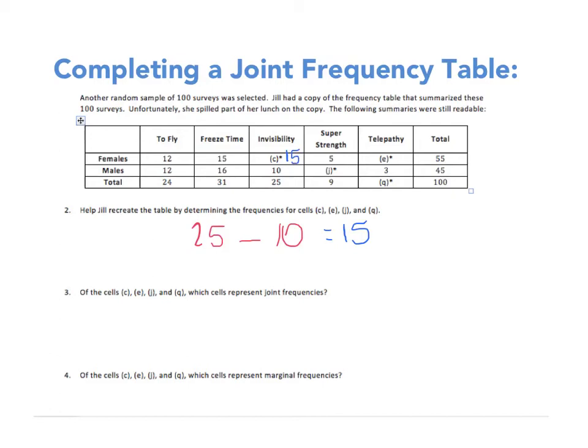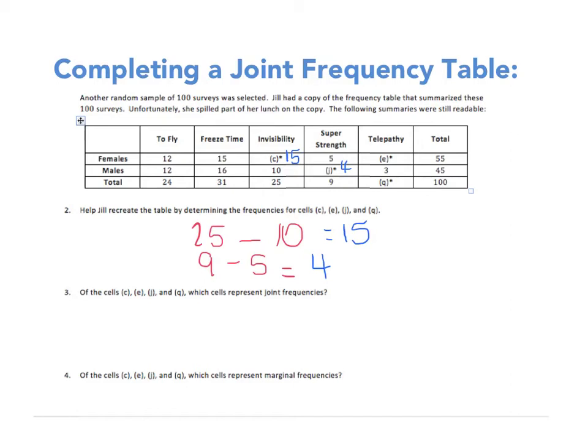Pretty simple skill. We have to do the same thing now. I see super strength. This is the only unknown value in this column. It's also the only unknown value in the row, so we can work either way. But there's fewer numbers in the column, so I'm going to work with that. So we just have to take 9, the total, subtract 5 females who chose super strength as their favorite power, and we find out that 4 males chose super strength as their favorite power.